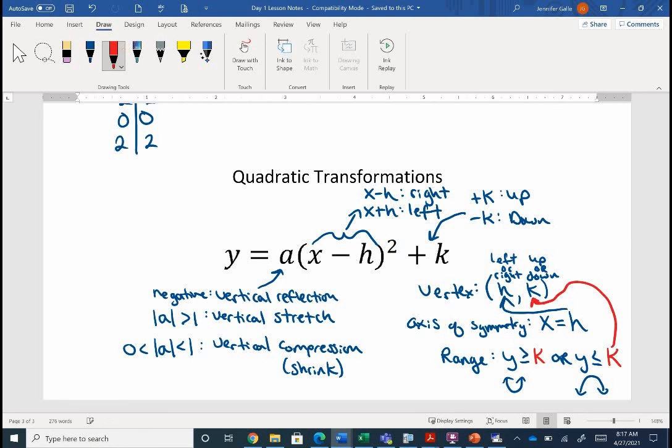So most of the pieces that we needed to find yesterday, we don't need the calculator for. We can pick out the transformations. From the transformations, we can pick out the vertex using our left, right, and our up, down. Axis of symmetry comes from our vertex, and the range comes from our vertex.